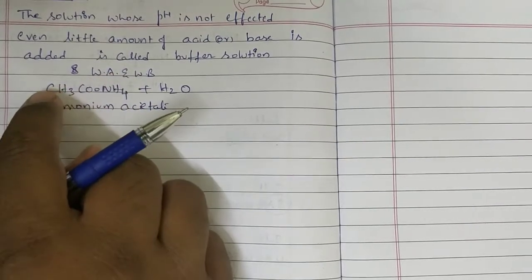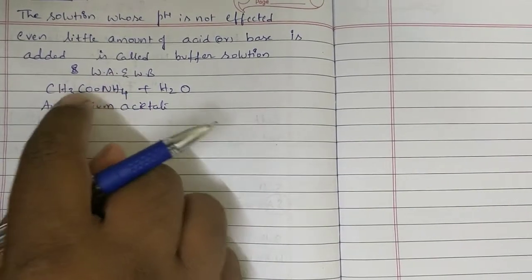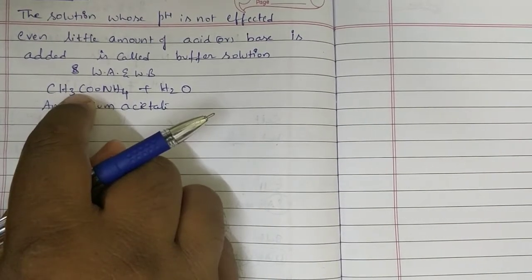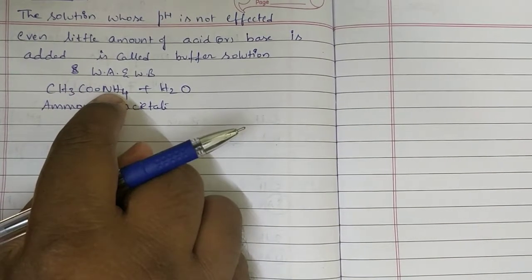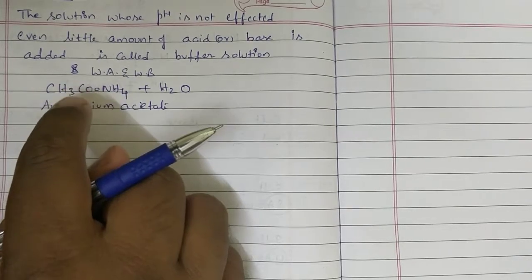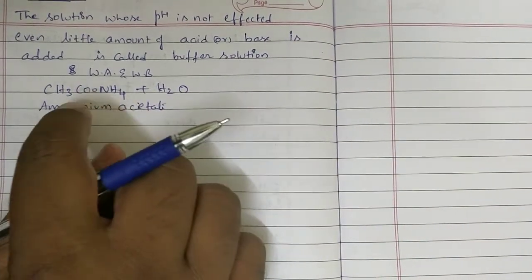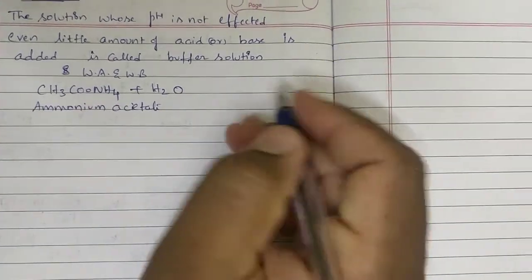That means the ions present in ammonium acetate are both strong. CH3COO minus is strong and NH4 plus is also strong. So when we prepare a solution with ammonium acetate, we are adding that ammonium acetate to water.